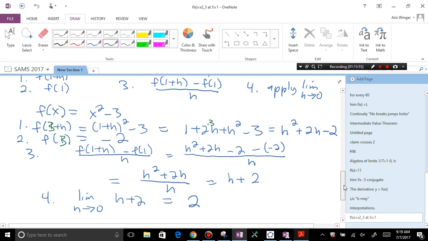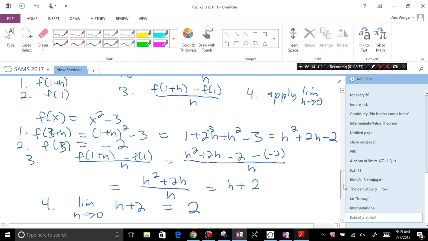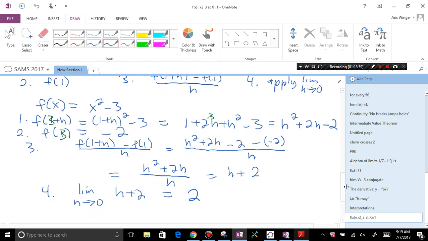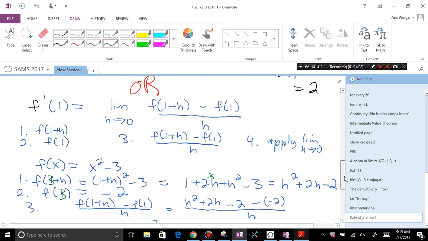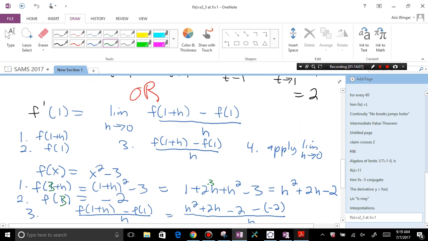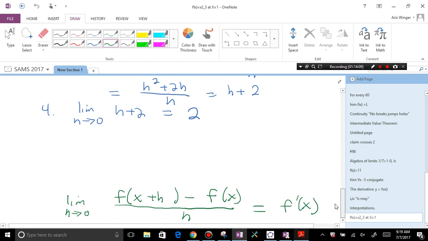Yeah, go ahead. Do you still do the limit as h goes to 0 for that third step, or do you leave it up to the last? Well, no, this is a great question. So I had broken it down into these steps, and some people just like to roll the whole way, and I have no problem with that.